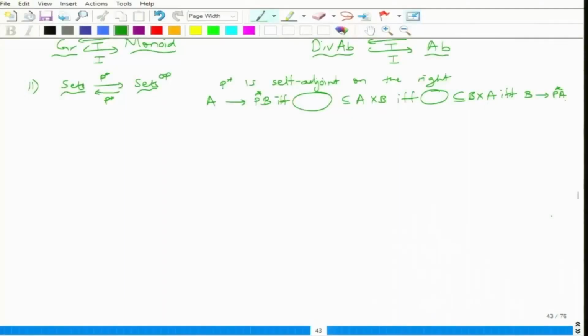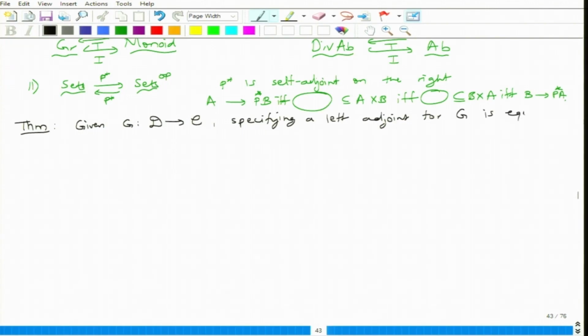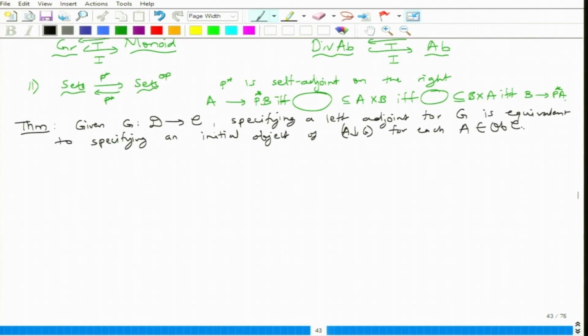Yeah, so this is our theorem: given G from D to C, a functor, specifying a left adjoint for G is equivalent to specifying an initial object of the arrow category A arrow G for each A in objects of C. So arrow categories will always show up.